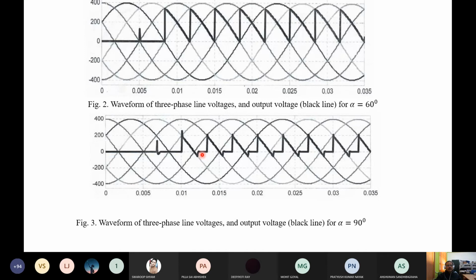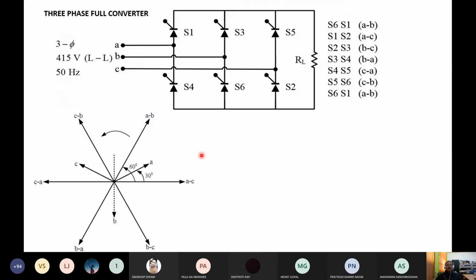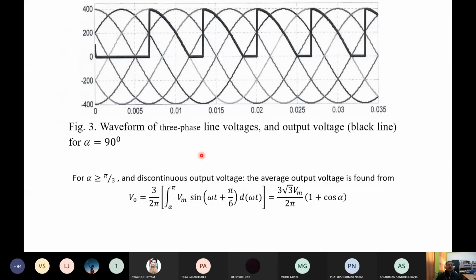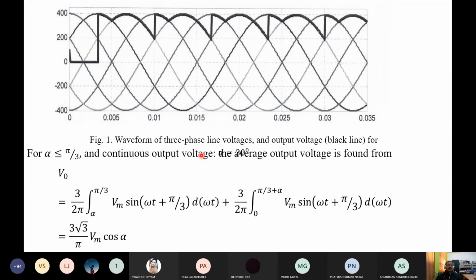But in case of half control, because of the diodes, there will be automatic freewheeling action. So no negative will come. Here negative will not come. Just see the difference here.